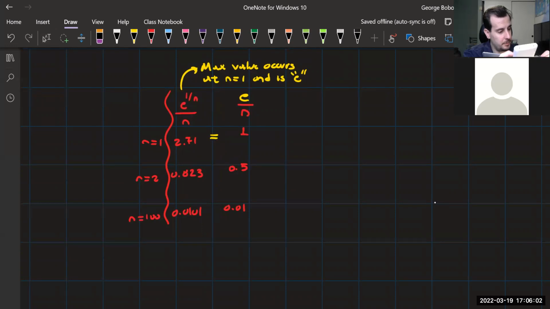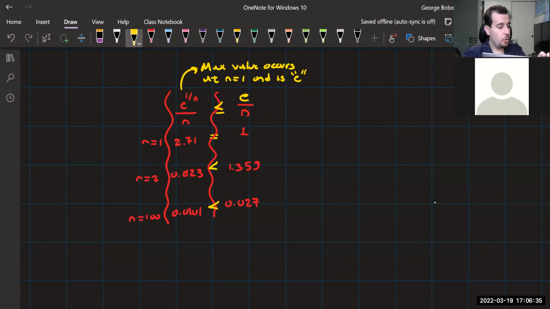And when you get to 100, you get 0.027. Notice which is the bigger series. It's always this one. And if you go to infinity, try values of n that are very large, you'll see that this relationship is maintained forever.